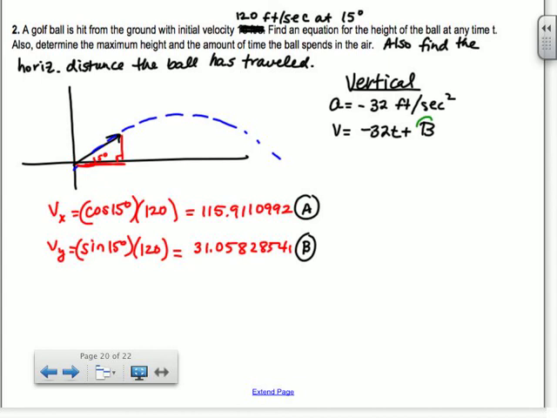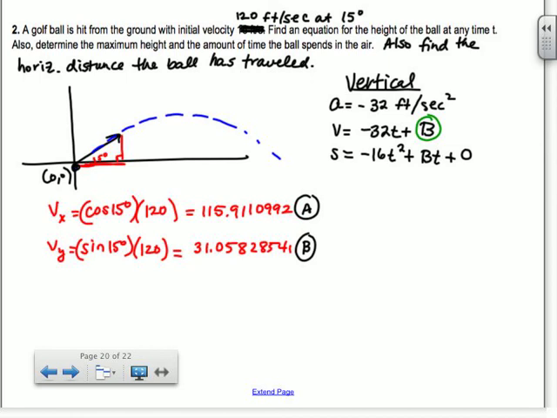So we stored that, so maybe I'll circle it so you know that's a stored value. And then our position is negative 16t squared plus b times t plus, we're starting at 0, so we're going to say 0. You with me that far?